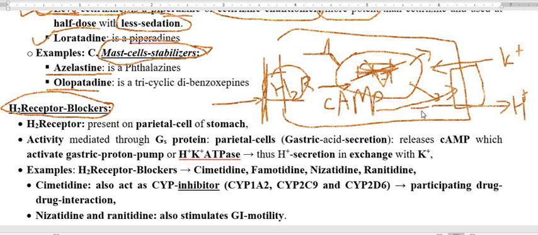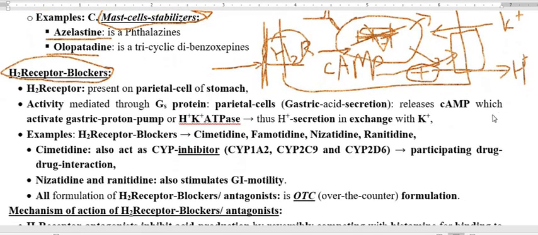This is having the induction activity or the positive effect on the proton pump. So this activity is going to be inhibited by the H2 receptor blocker by blocking the receptor. Once the receptor gets blocked, the histamine is not going to get the receptor to produce its physiological role to produce HCl. So it acts as an antacid.